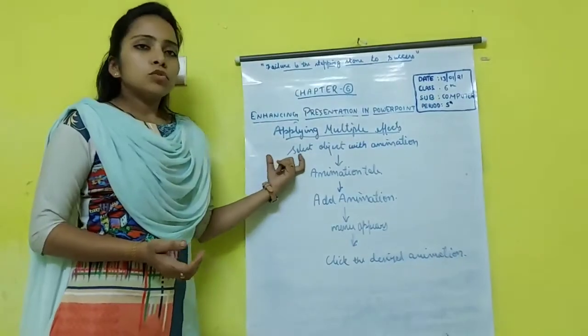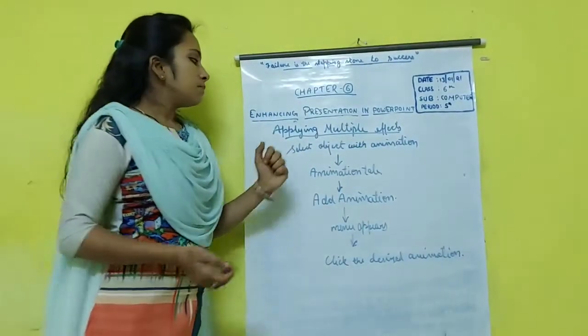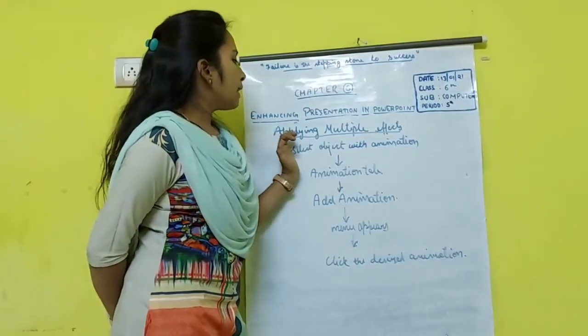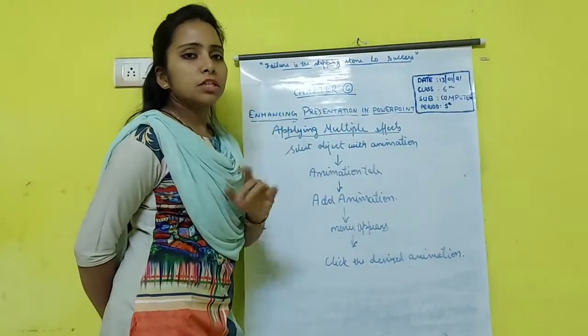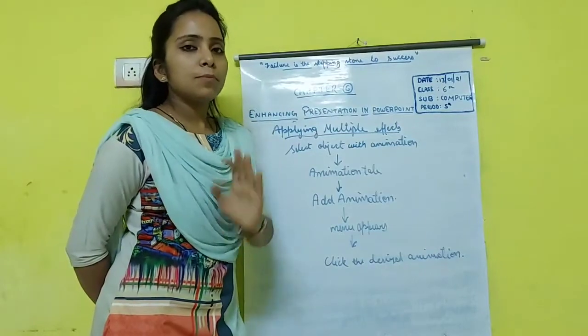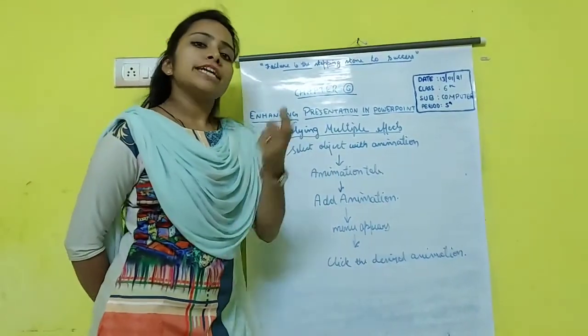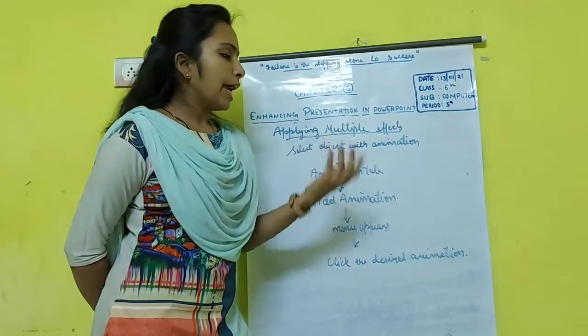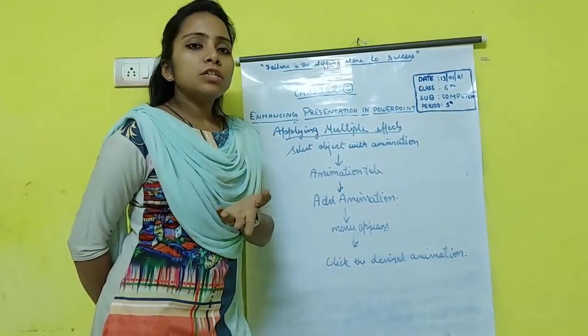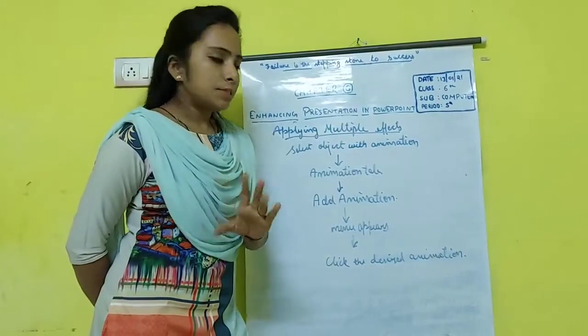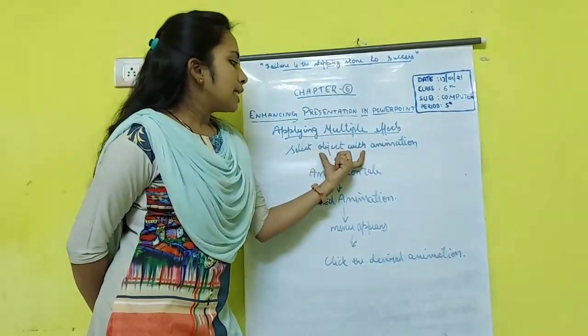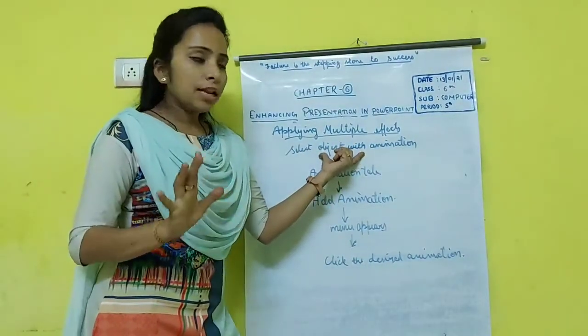Now I have already shown you about this option in the picture. If you want to apply multiple animation effects to a particular object, the same object, suppose slide number 2, you want to add more than one animation, that you can add. We can add more than one animation effect to the same object. So for that we have to select the object which already has an animation.